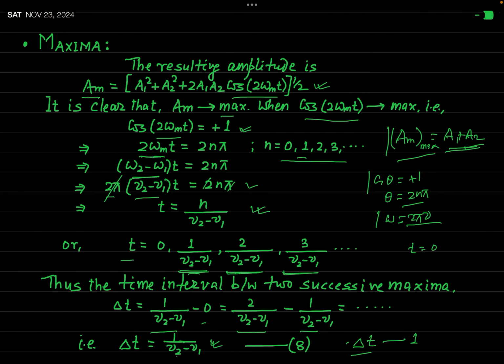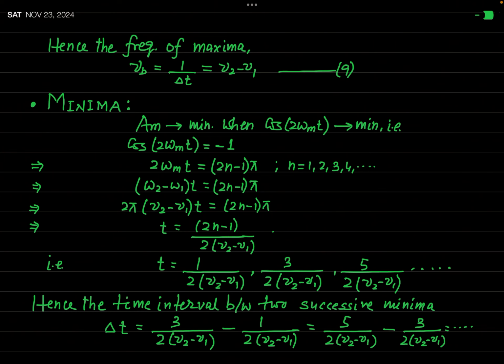In this time interval delta t, the amplitude becomes maximum one time. Okay. So per second, what will be the number of maxima? The number of maxima produced per second is called actually the frequency of maxima.